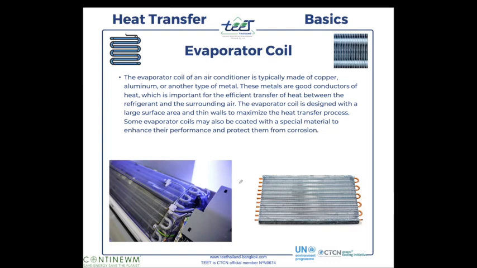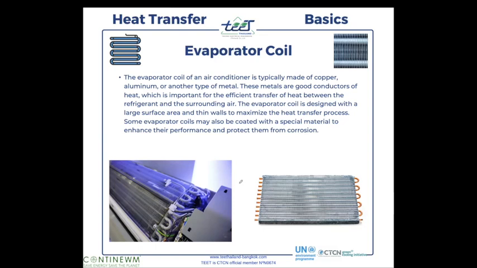And the evaporator coil is designed to have the biggest surface area, okay? And the thinnest possible wall to transfer the heat much faster, okay? And you have multiple options. You have multiple colors. Some look gray, some look black, some look silver, some look blue, okay? But they are all the same.